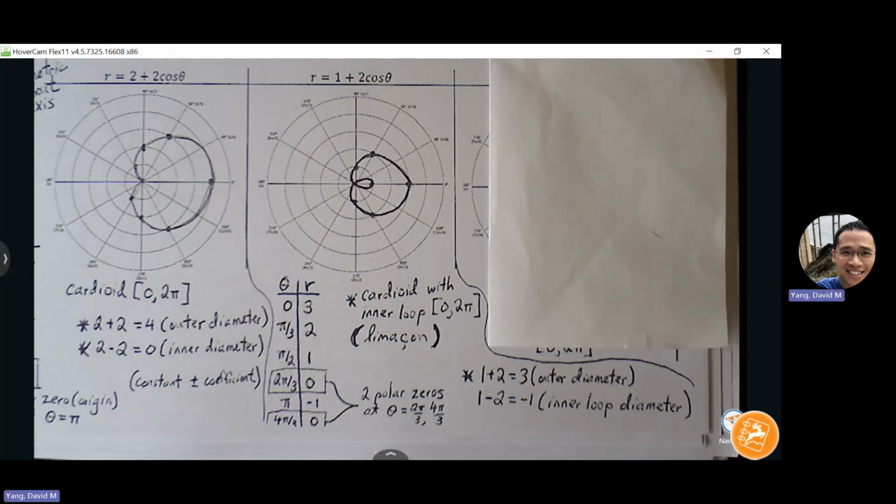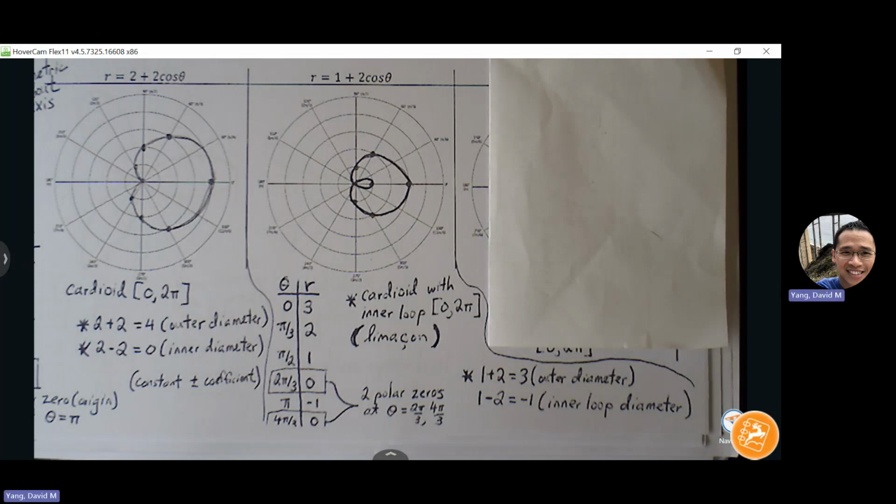I'm just picking out some convenient points to use. I start off with 0. 0 will give me 3. Pi over 3 will give me 2. Pi over 2 will give me 1. And 2 pi over 3 will give me 0. So it's going to create a polar 0 at 2 pi over 3.